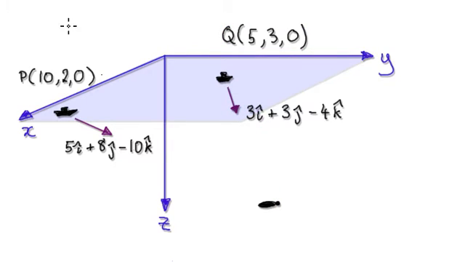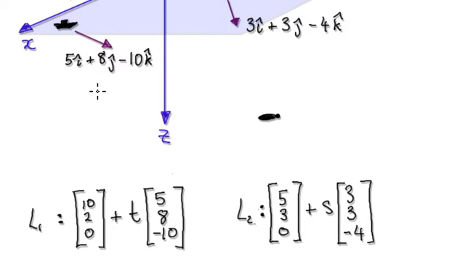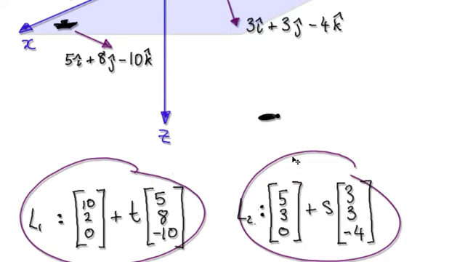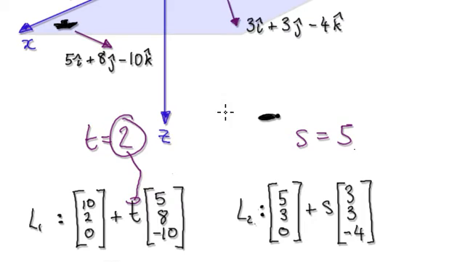So if you want to know the location, then either use this equation or this equation. Remember, t equals 2, s equals 5. For me, I'm just going to use this. So the x coordinate of the submarine will be 10 plus 10, so that will be 20.